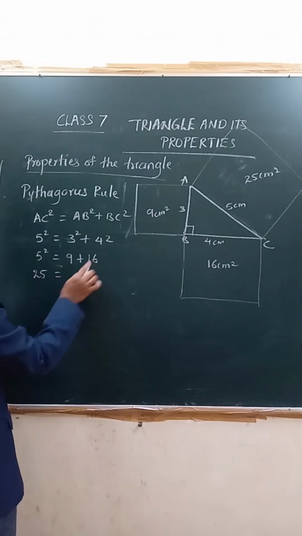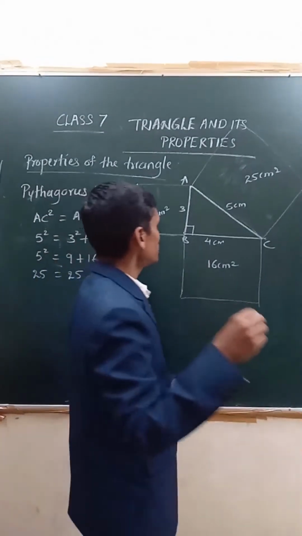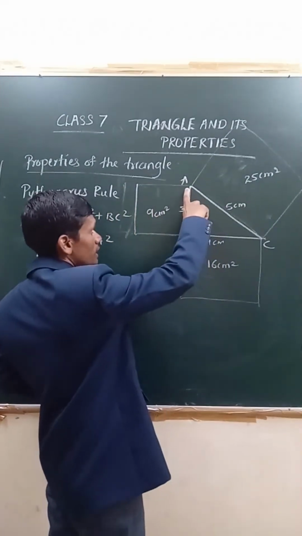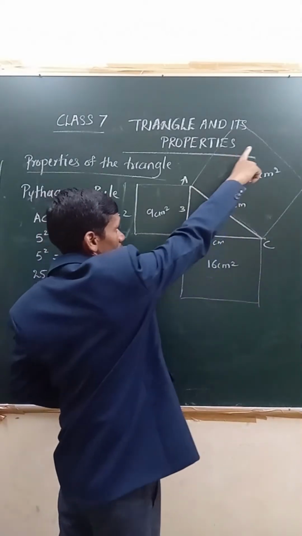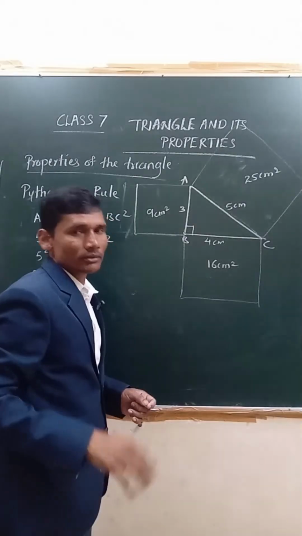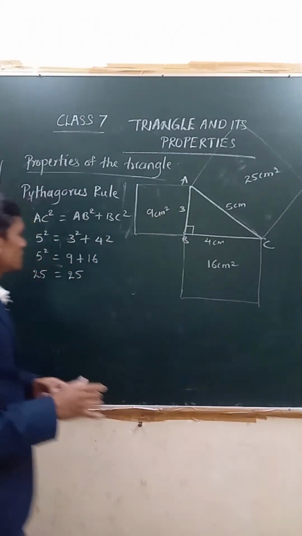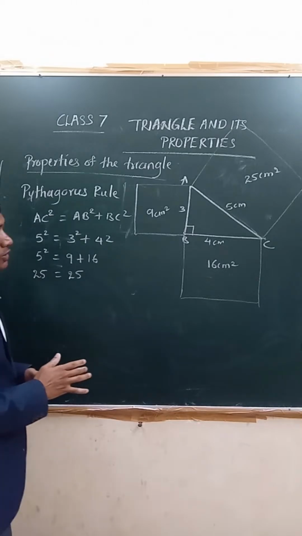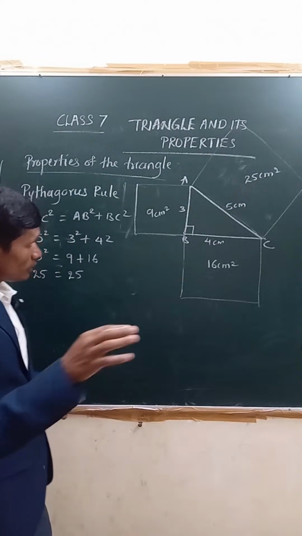Yes. 9 plus 16 is also 25. So we can say that the sum of squares of the two sides of a right angle triangle is equal to the square of its diagonal. Okay, this is the Pythagoras rule, right? If you know this, you will be asked to find one of the sides. One will be given, one will be asked.